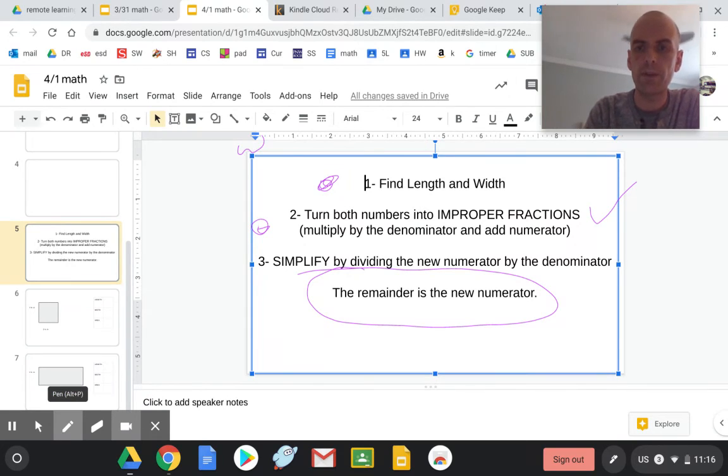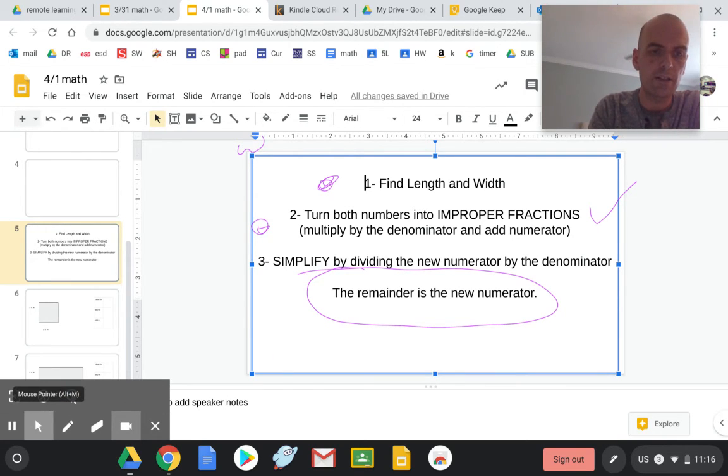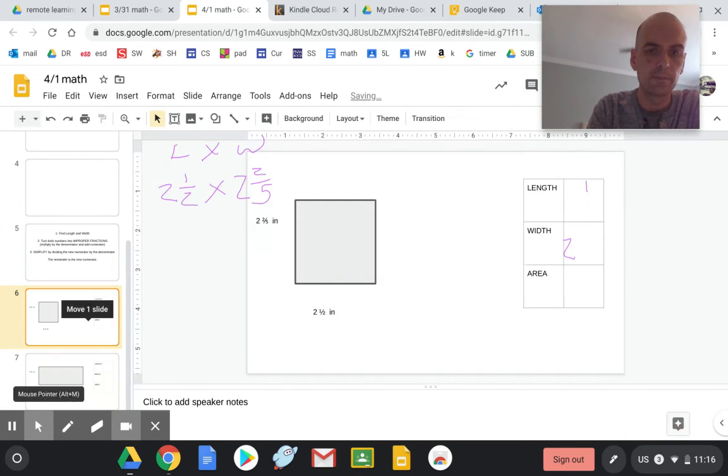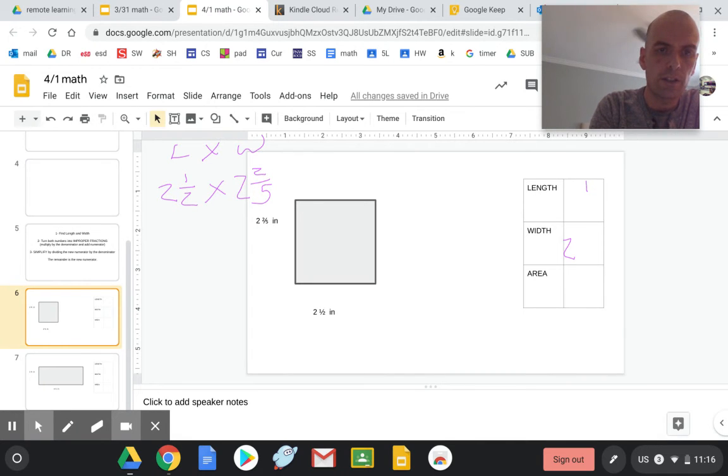Now we turn both numbers into improper fractions. So let's do that. So we're going to turn 2.5 into an improper fraction. So 2 times 2 is 4, plus 1 is 5. So it's 5/2.